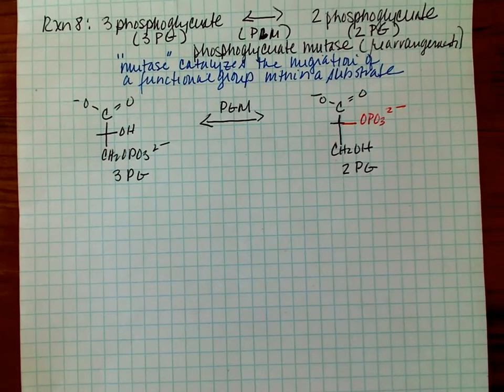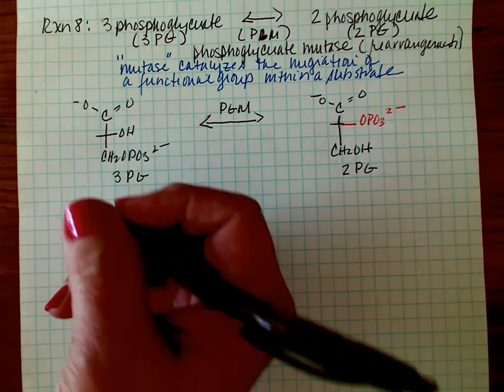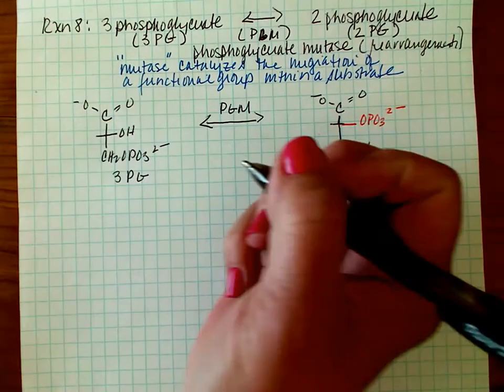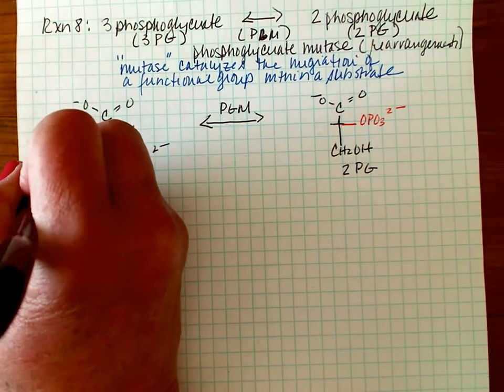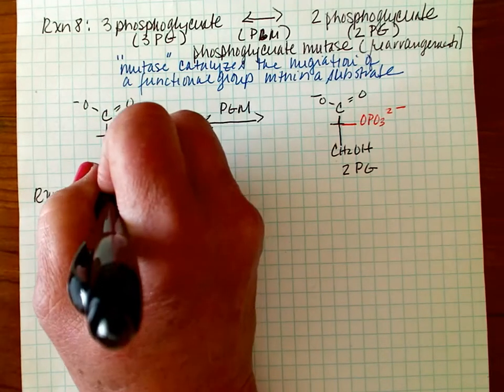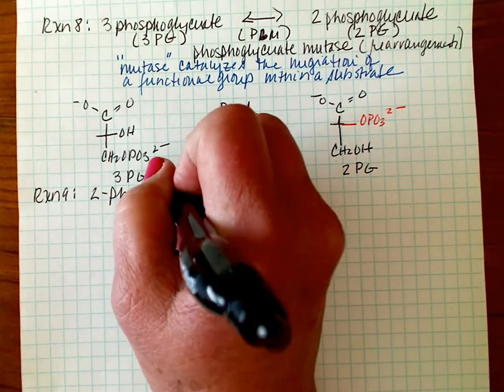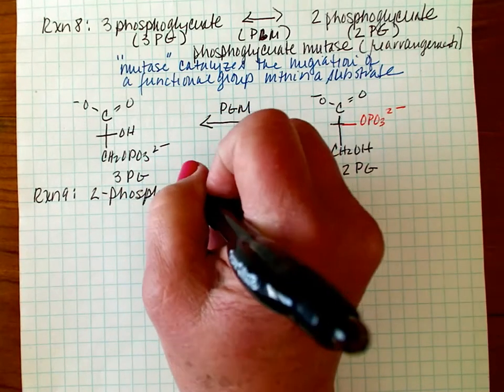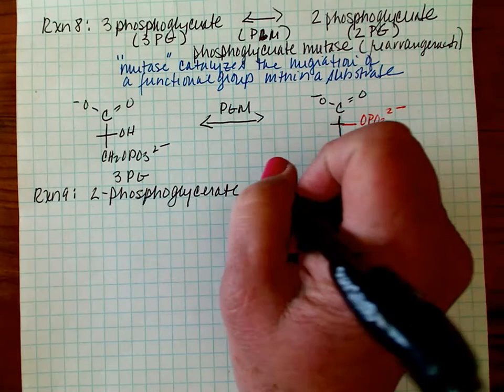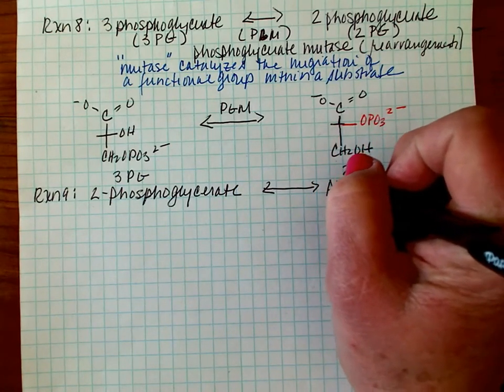Now the next reaction is the formation of a second high energy intermediate. So reaction 9. 2-phosphoglycerate to phosphoenolpyruvate.